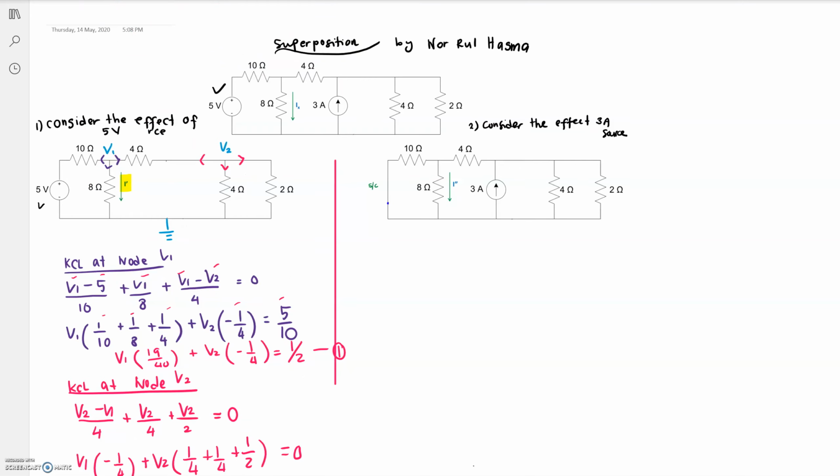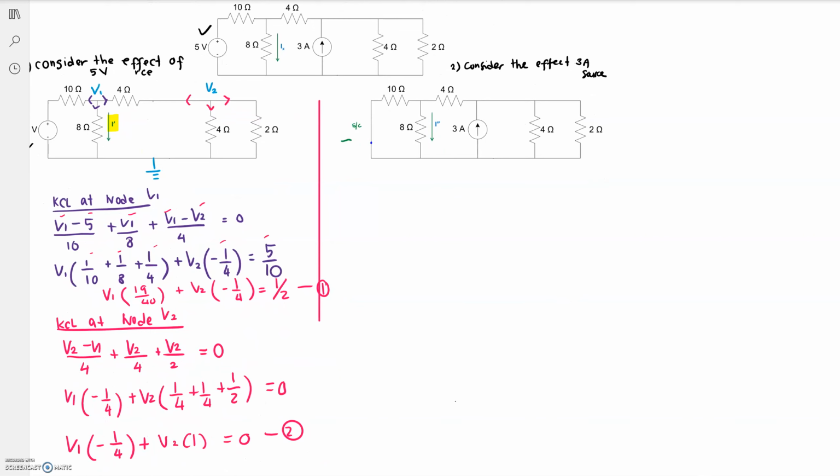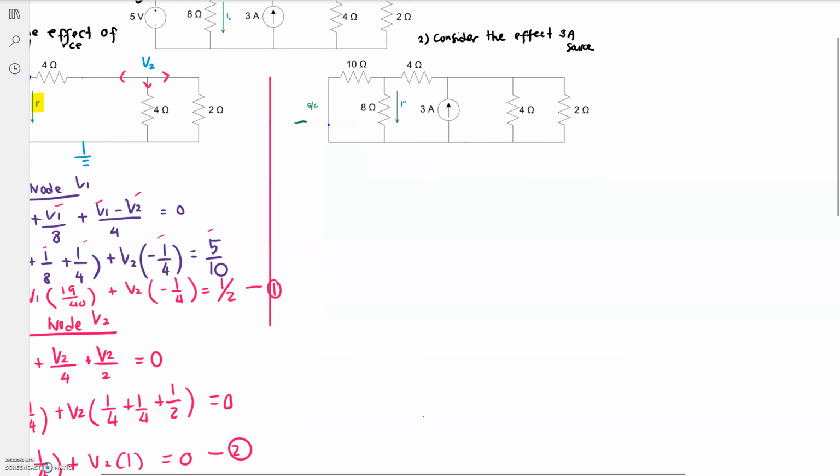So you finish the first step and then do the second step, which is to consider the effect of the 3 A source. The 3 A source will be activated, and you have to terminate the voltage source by short circuit. Again, I will choose nodal in order to find the I double prime.